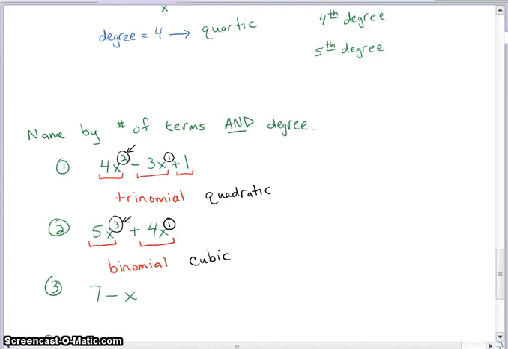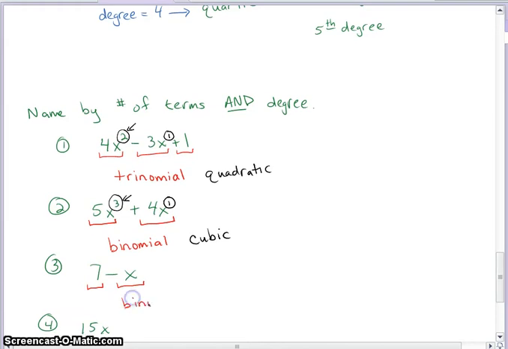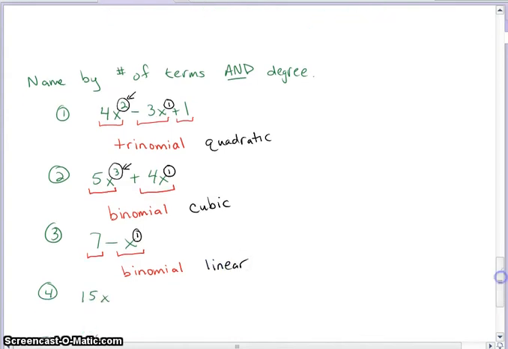Degree 3 is cubic. Okay, the next one I've got 1 term, 2 terms. So it's a binomial again. And I'm looking at the degree of the variable. There's a 1 there. So that means it's linear. Highest degree, right there, linear.